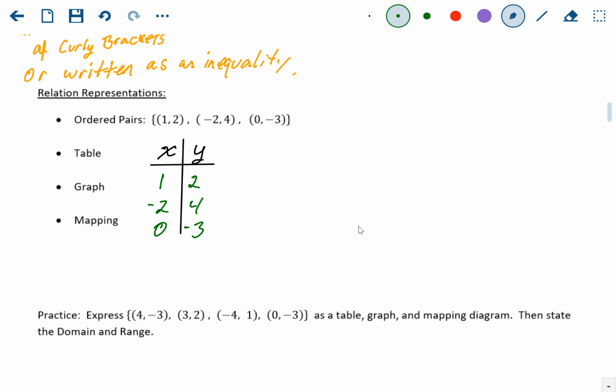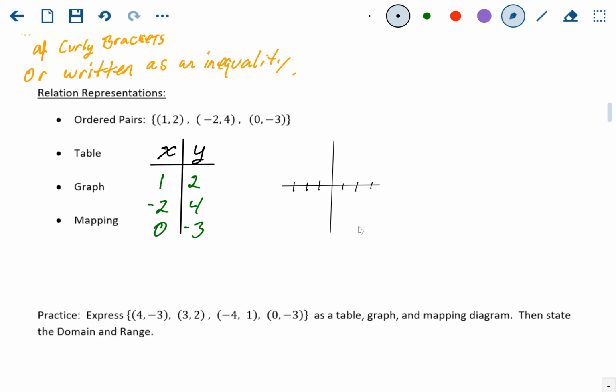The graph should also be fairly easy. We know that a graph is two intersecting number lines. You got your y-axis and your x-axis, and each of those ordered pairs corresponds to a point. So let's make some marks here.